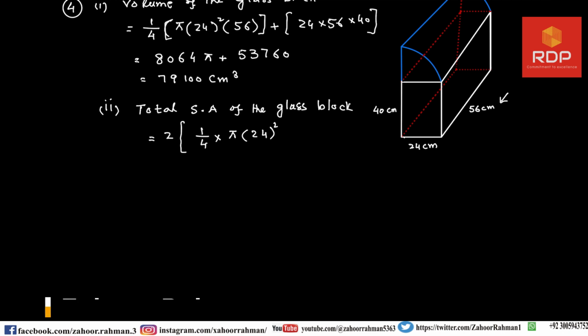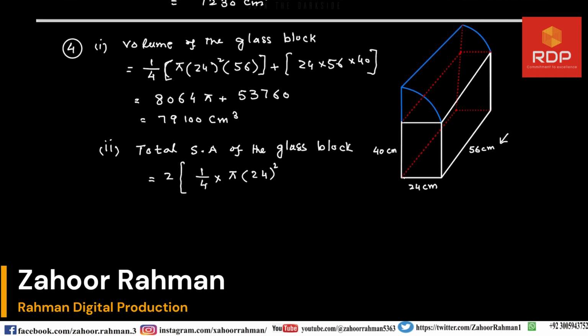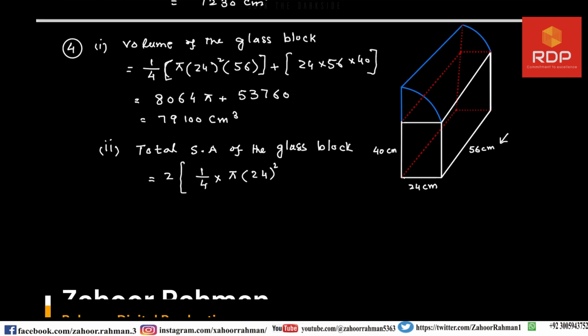So there are two sides of it, so we are multiplying by 2. One is this one and the second is this one. That is why we are multiplying it with this 2.